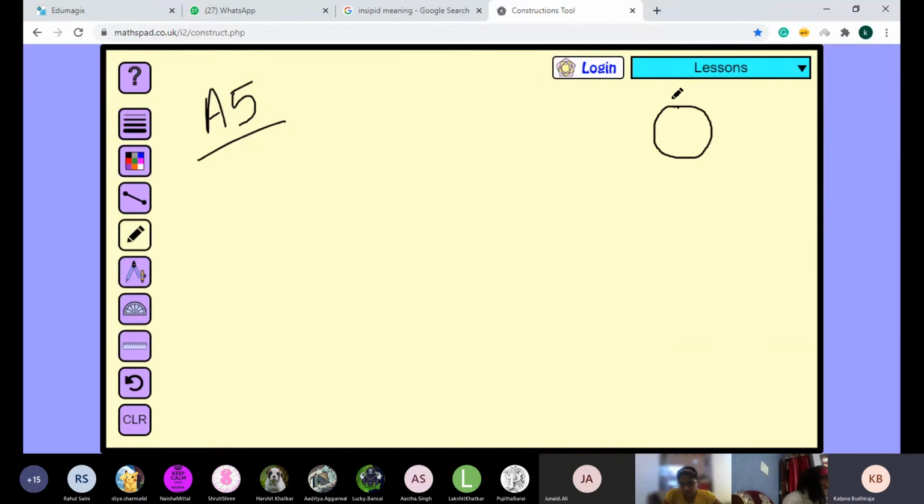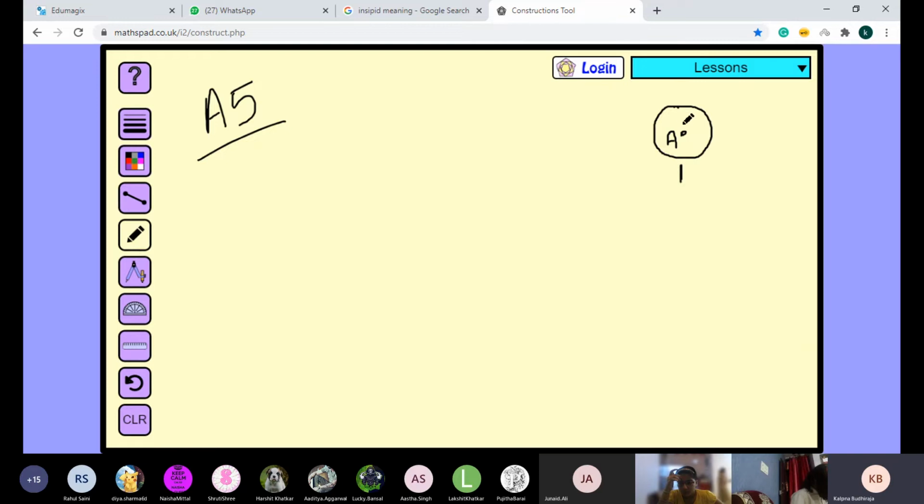So here my two circles are such that the centers are given to us. This is circle 1. Don't draw yet, beta. Listen to me first.